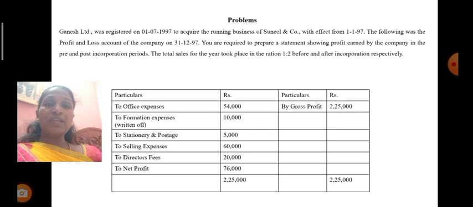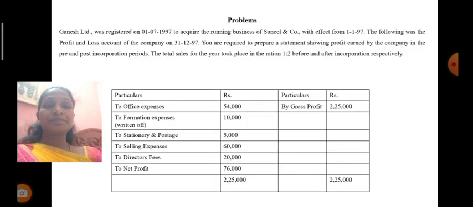The following was the profit and loss account of the company on 31st December 1997. You are required to prepare a statement showing profit earned by the company in the pre and post incorporation periods. The total sales for the year took place in the ratio 1:2 before and after incorporation respectively.